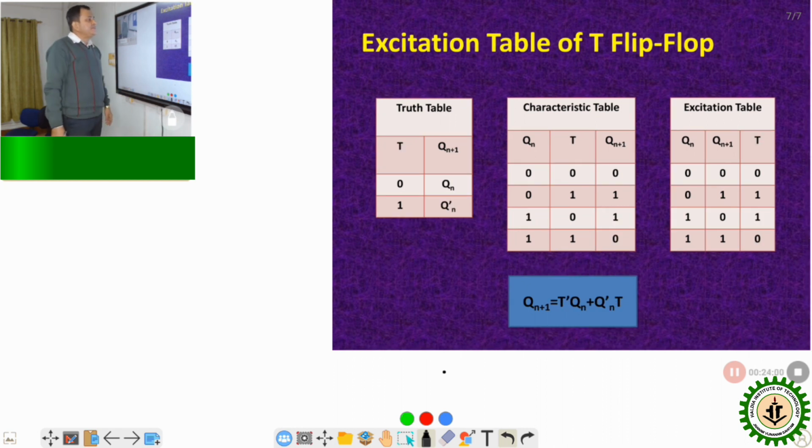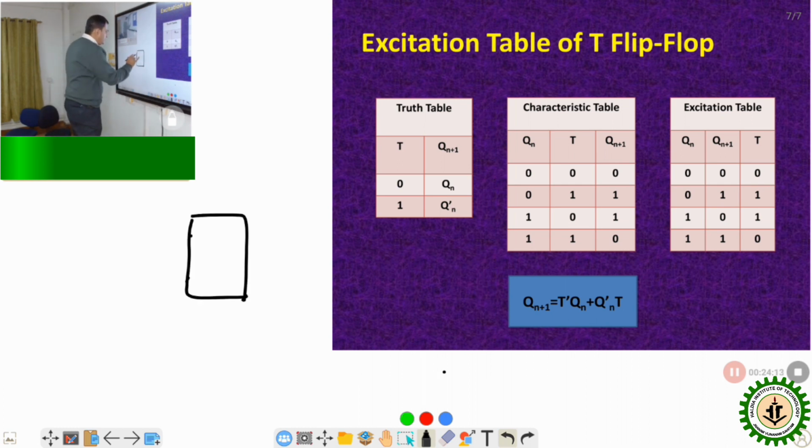Next is our T flip flop. This is the truth table of the T flip flop. In case of T flip flop, the input terminals are shorted, and obviously we have to take the JK flip flop.